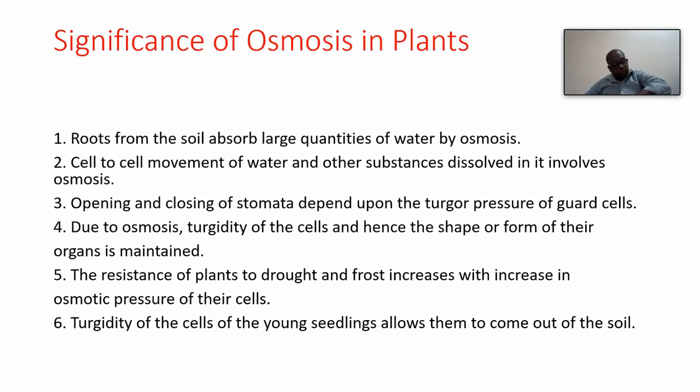Now we will see the significance of osmosis in plants. I have already told you the roots transport water through osmosis. There are two kinds of water absorption, active and passive. Active is against the osmosis, passive is along the osmosis. Osmosis is necessary when the nutrients are dissolved in the water molecules, and they come in.